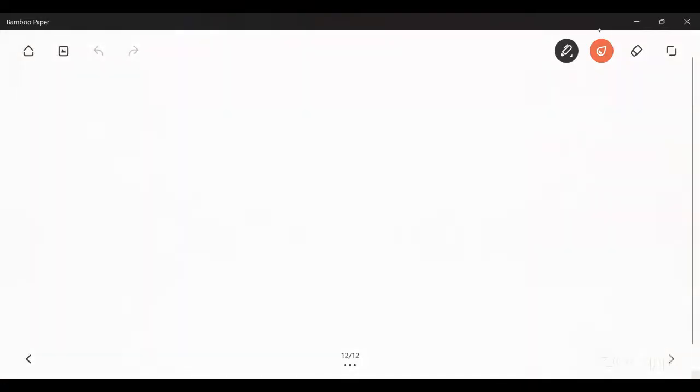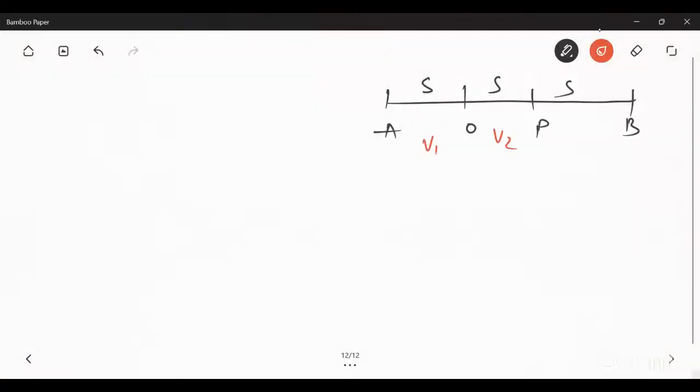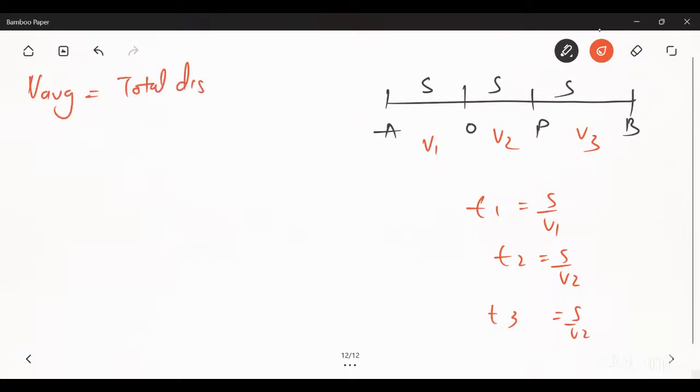Okay, now it also comes in three parts. Suppose there are two points, A and B. It covers three equal distances with three different speeds V1, V2, V3. So T1 is equal to S upon V1, T2 equal to S upon V2, T3 equal to S upon V3. We know that average speed is total distance upon total time.